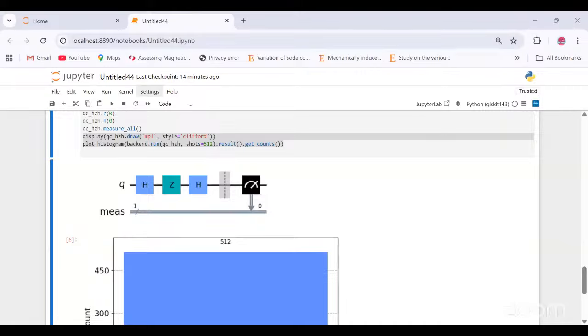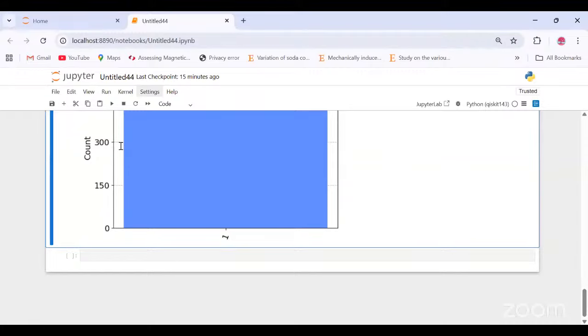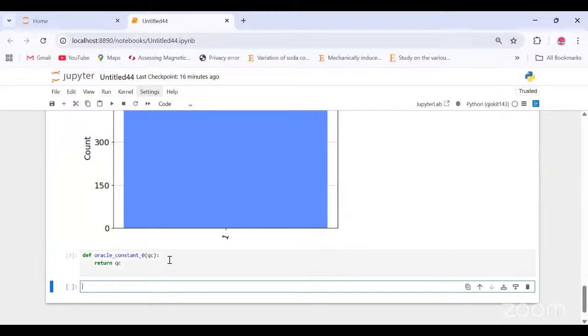So now we are first defining the quantum oracle. We have defined the oracle.